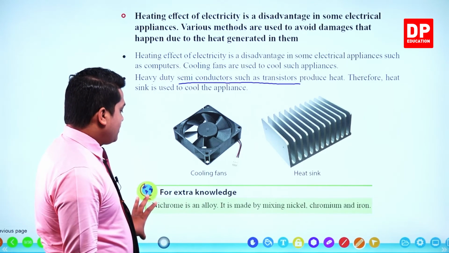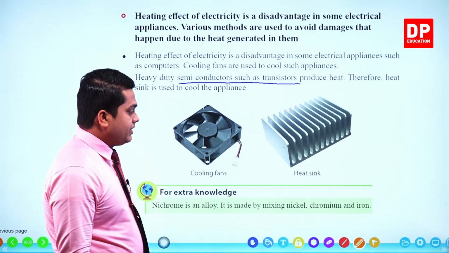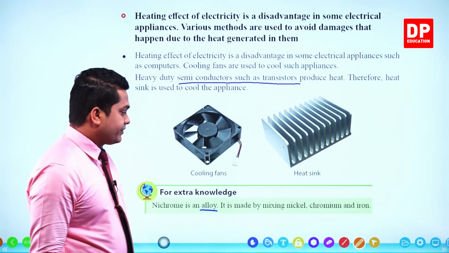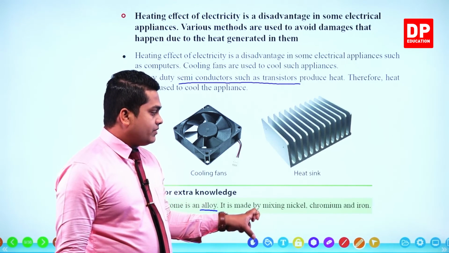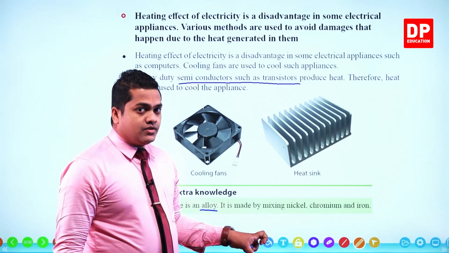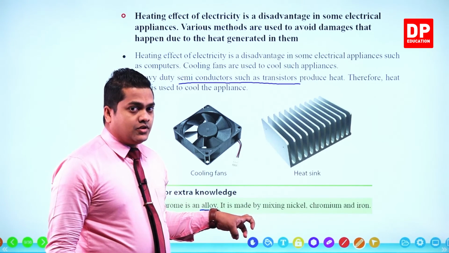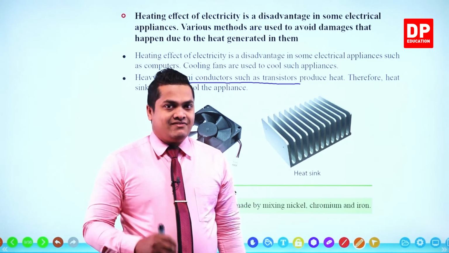So nichrome is an alloy made up by mixing nickel, chromium and iron. Alloy means it is a mixed metal, right? It's a mixed metal. So there are three metals, nickel, chromium and iron, right? So nichrome has a high amount of resistance. So my dear children, I hope that you took good knowledge about this heating effect.